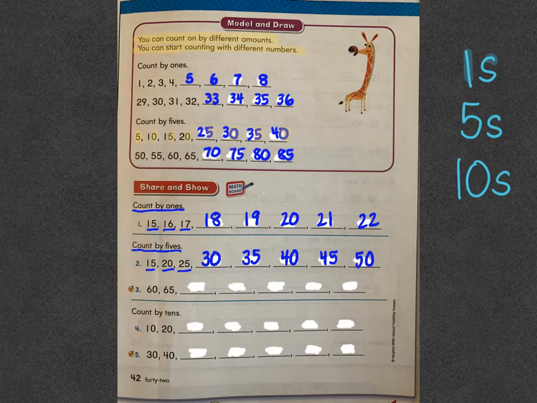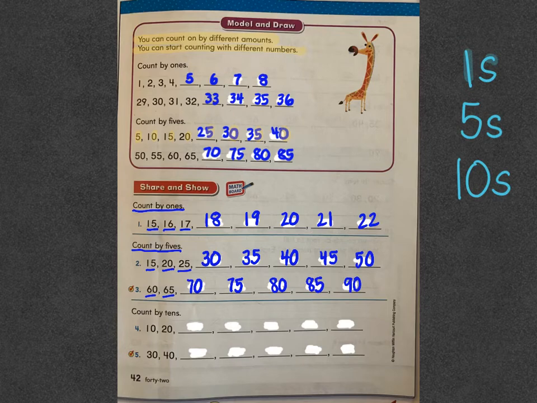Number 3 starts with 60. 60, 65, 70, 75, 80, 85, 90.